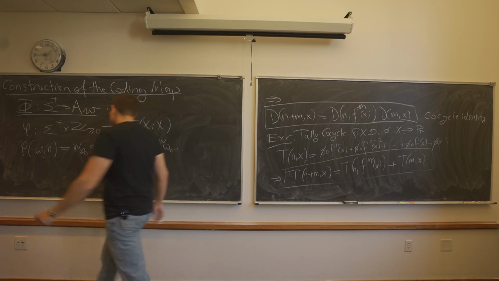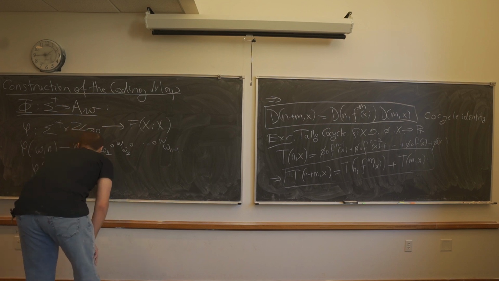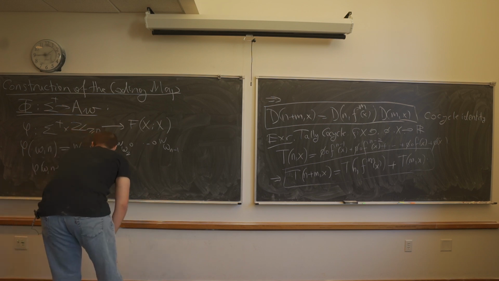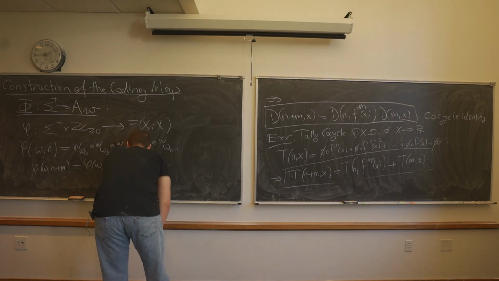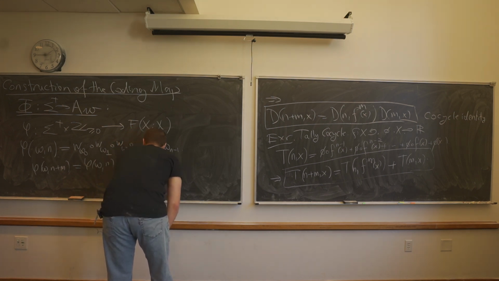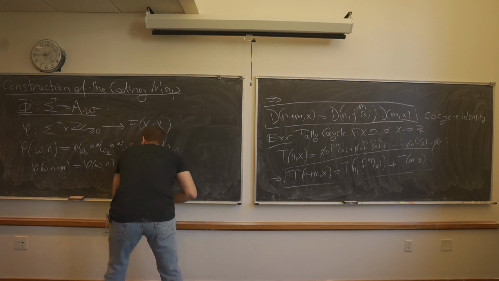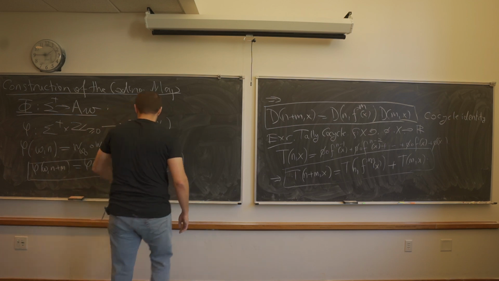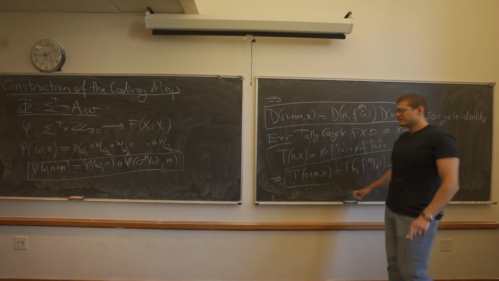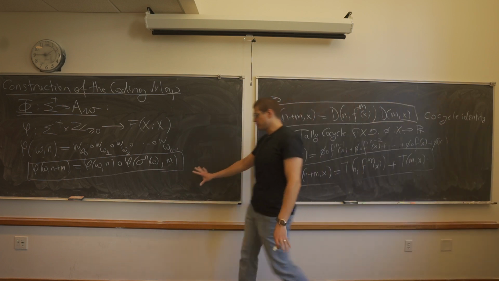Now, we're going to see when we come back, and with this I'm going to finish, that it satisfies this equality. Compose with sigma to the n of omega at m. So it's almost like this. The ordering is somewhat different. The operation is different, but it's a cocycle.